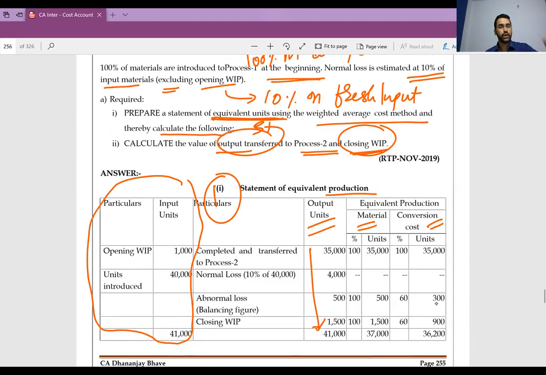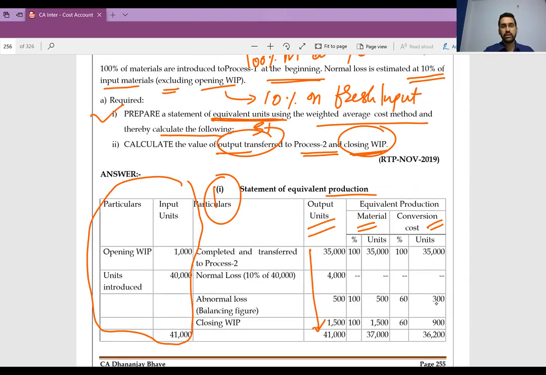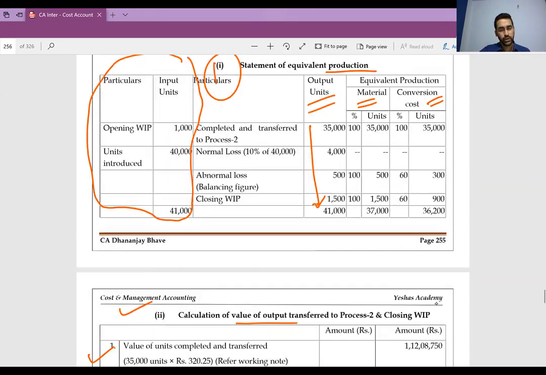Question was first one, statement of equivalent unit, that is step 1. Then valuation directly, that means the answer should be presented in the order in which they have asked. Therefore you do step 1, then you have to do step 3. Let that step 2, which is cost per unit, which they have not asked but we know it's necessary, do that as a separate working note. Right, you can do it.